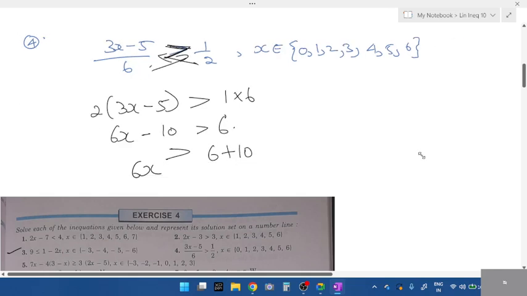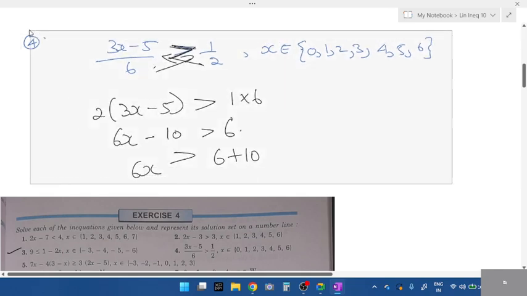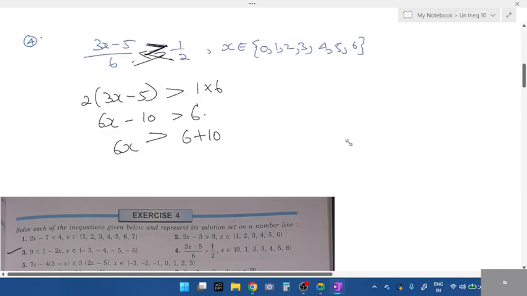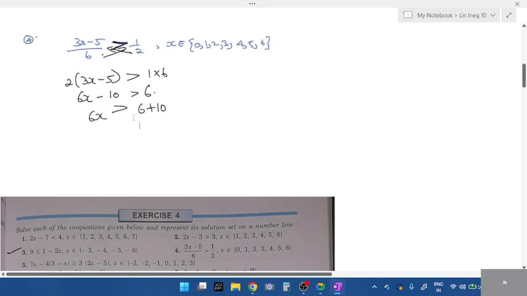There are three ways to do this. I'll teach you all three. You can do it in any way whenever there is a denominator. This is the first one. Next, x is greater than 6 plus 10, which is 16. What number are we dividing by? Positive or negative?